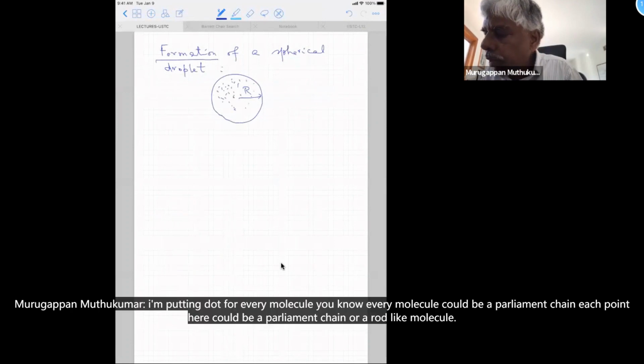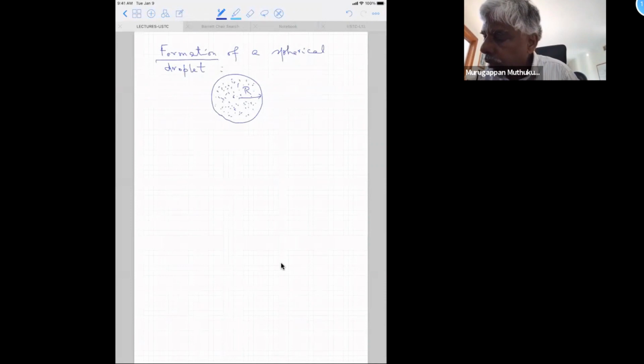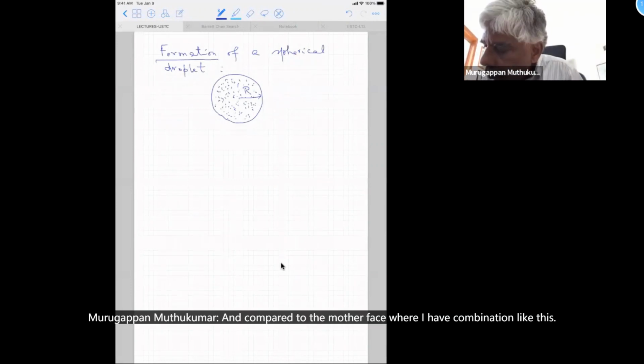I'm putting a dot for every molecule. Every molecule could be a polymer chain. Each point here could be a polymer chain or a rod-like molecule or a small molecule, compared to the mother phase where I have concentration like this.